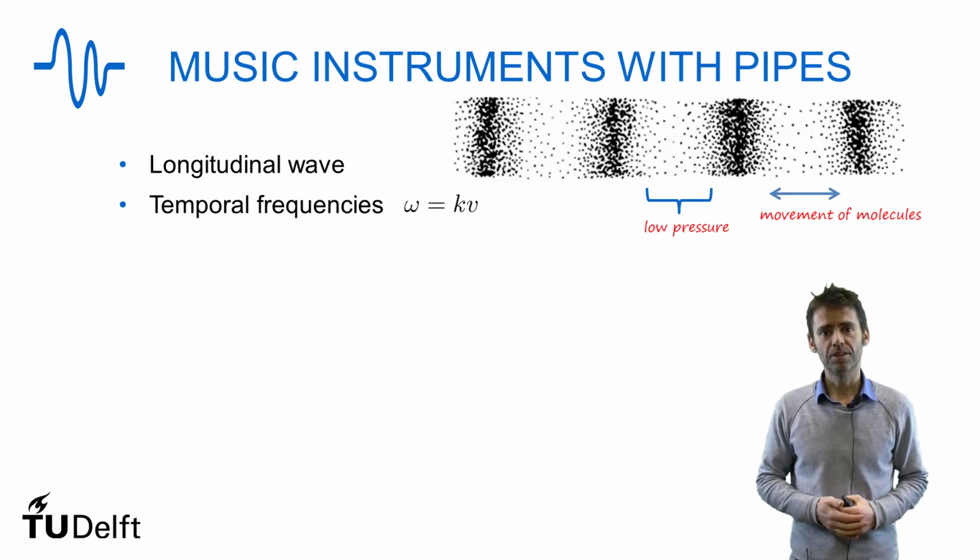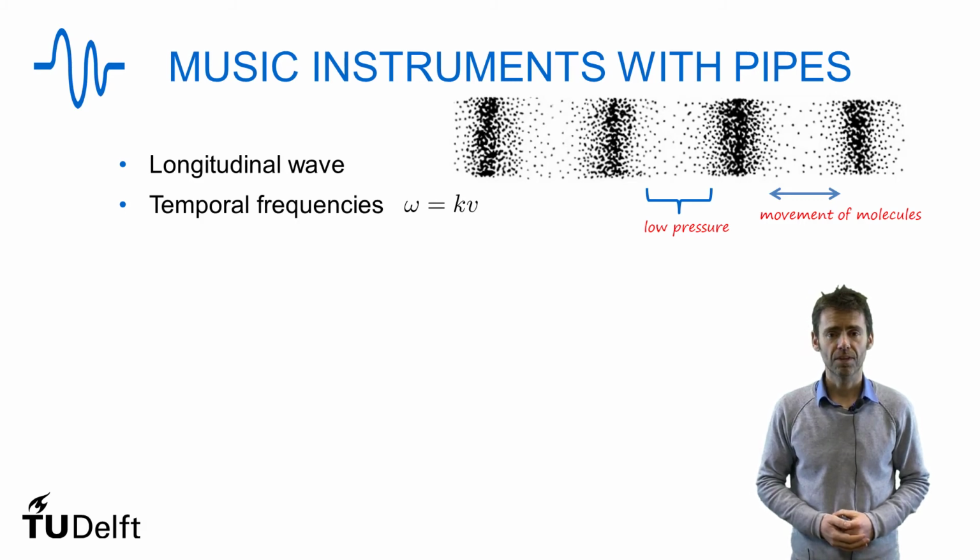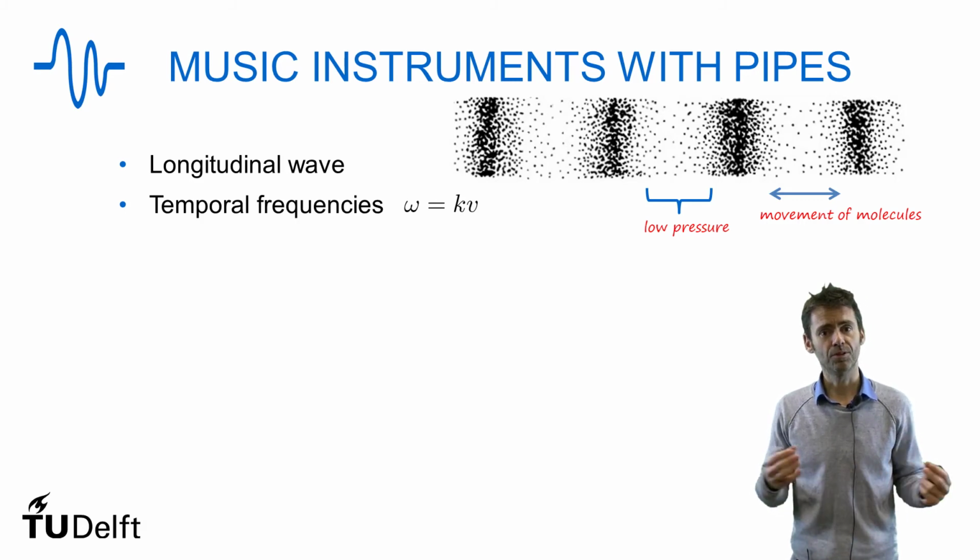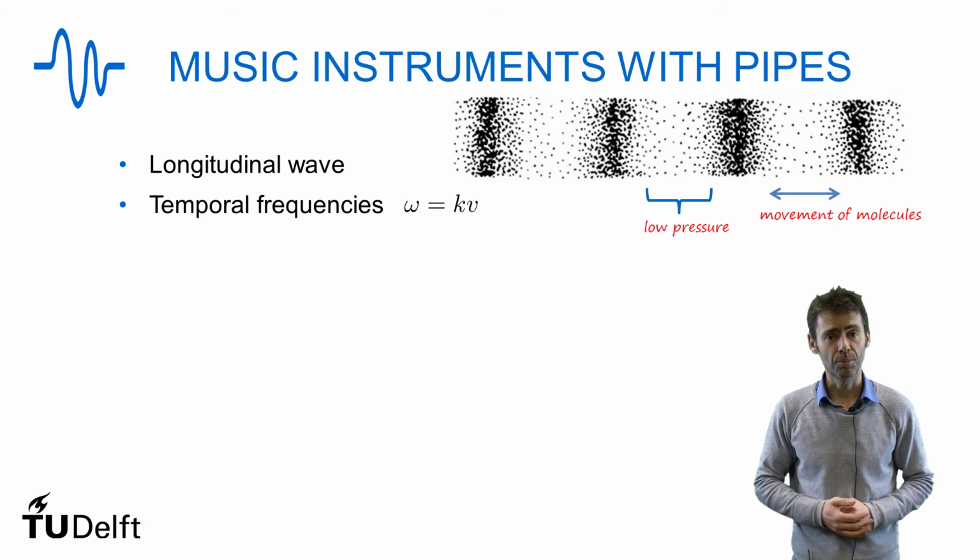Another type of instruments that have standing waves are instruments with pipes. In this case, the pipe is filled with gas where the wave propagates, and the oscillations take place in the direction of propagation, where the oscillations are densifications of the gas.